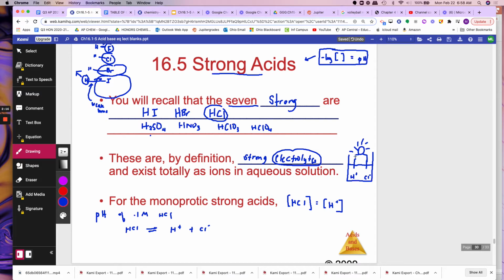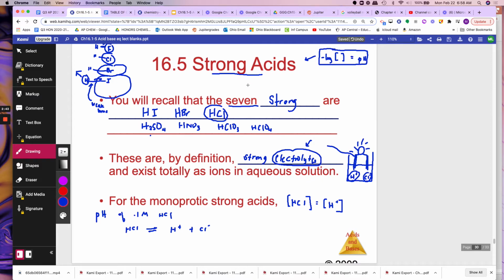And if you put a light bulb with electrodes, of course you have to plug it in, the electrons can't go across because there's no connection, but the presence of electrolytes or ions will help carry the charge across and light up the light bulb. That's why all these acids are strong electrolytes, because they produce a lot of ions.